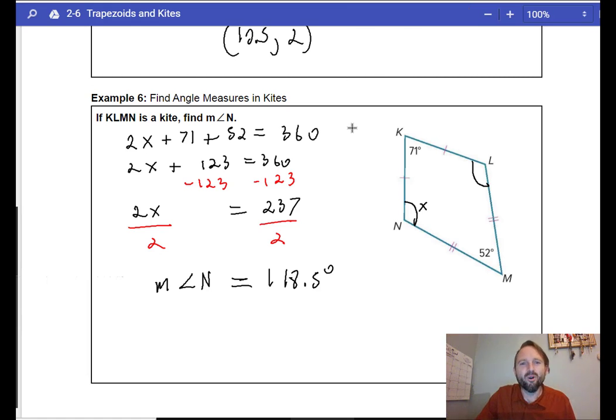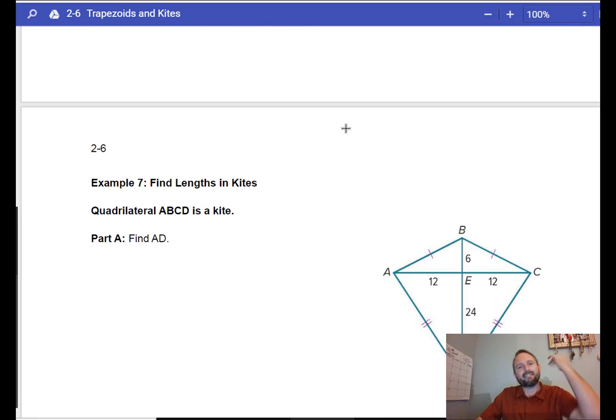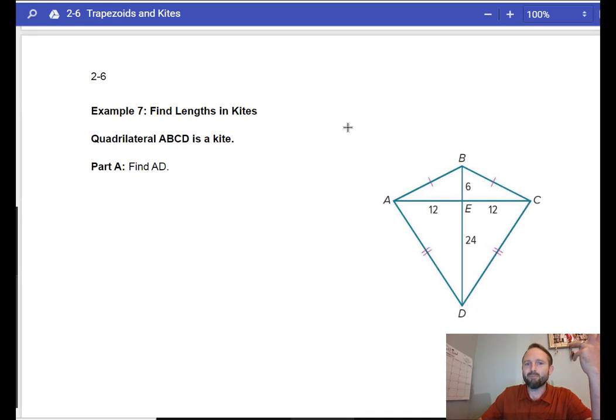All right, so let's go on to the final example, example 7. Find the length in kites. Quadrilateral ABCD is a kite. Part A, find AD. Well, I know that AD is going to equal DC. In kites, the diagonals are perpendicular to each other.